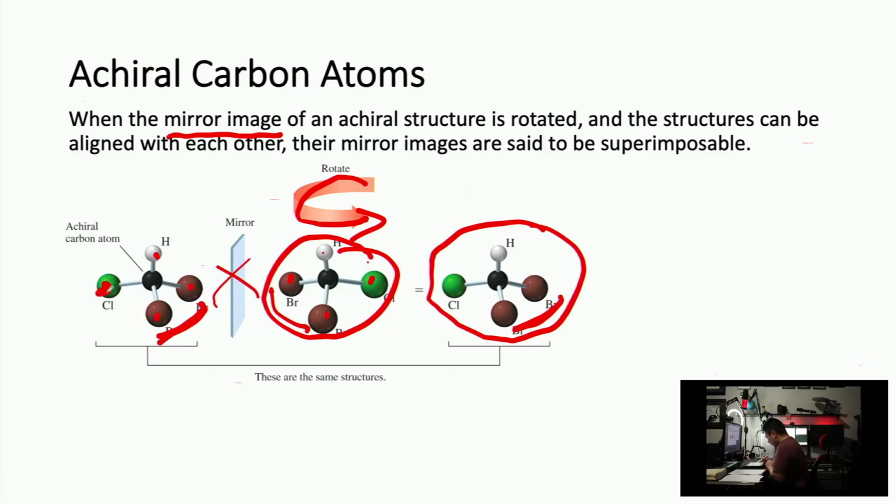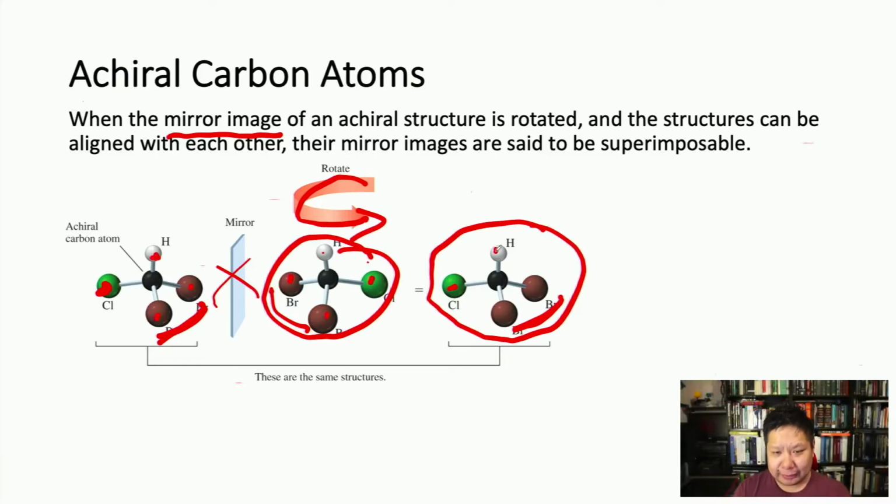The chlorine is still in the same spot, and the hydrogen is pointed upwards. So that's what it means to be achiral, where they have identical mirror images, but they can be superimposed on each other just by rotating. That's what achiral means.